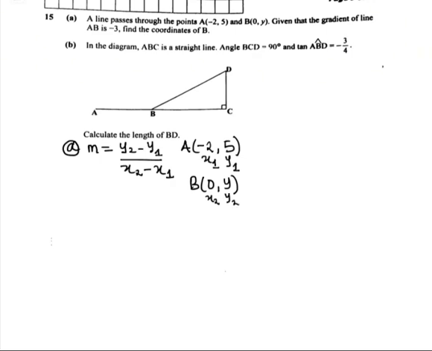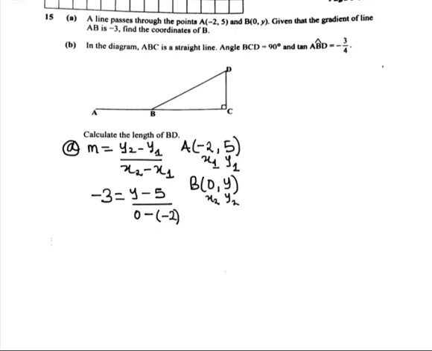We know that the gradient of the line AB is -3, so on m we substitute -3, which is going to equal y2, that is simply y, minus y1, that is 5, over x2, which is 0, minus x1, which is -2.